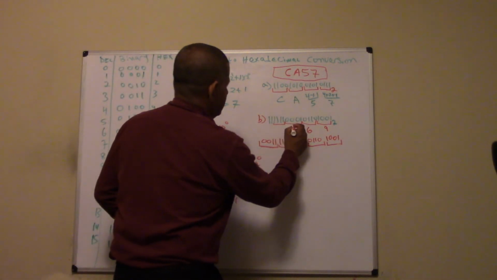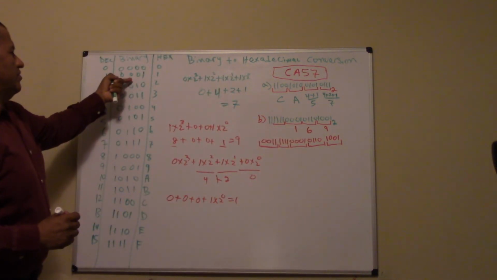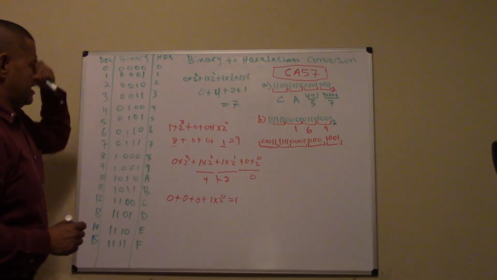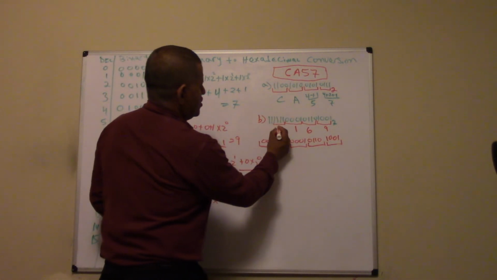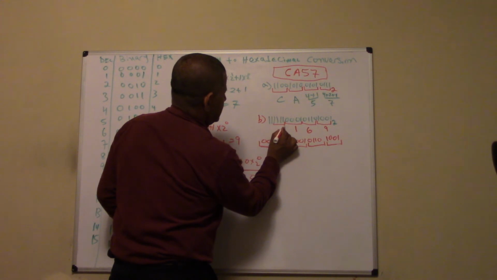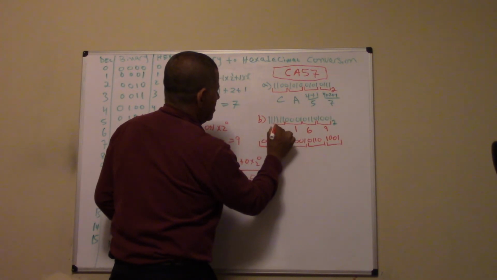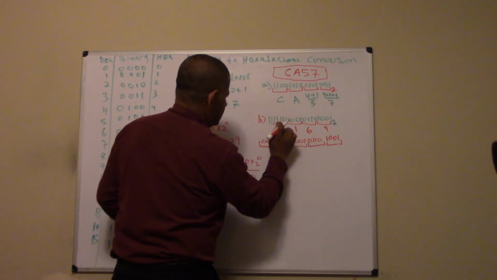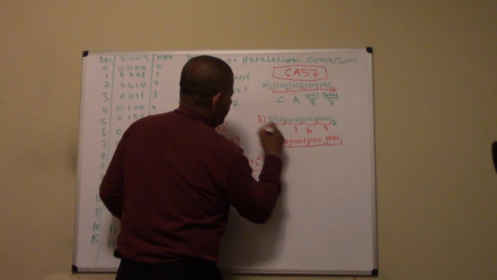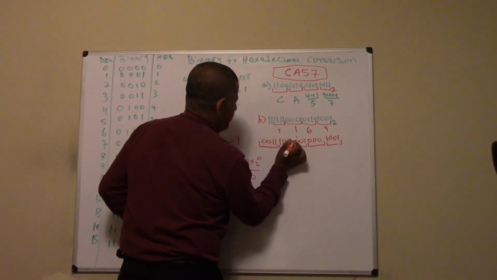Or you can memorize the numbers of the table, right? Alright, so that is that one. And then we know that this right here, these 4 digits, 1, 1, 1, 1, is simply 15, which in hexadecimal is F, right?